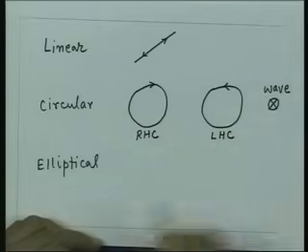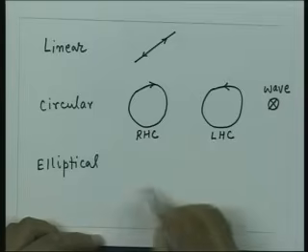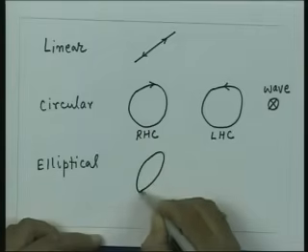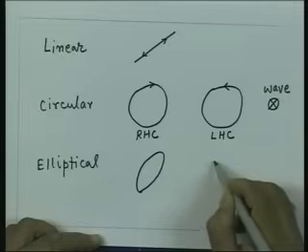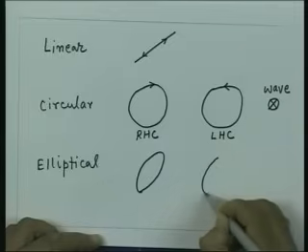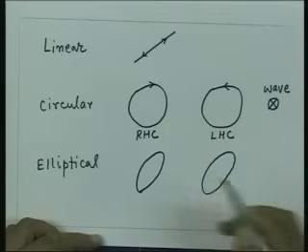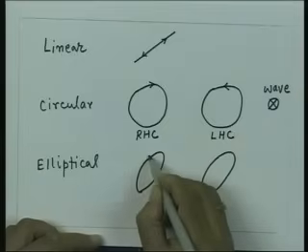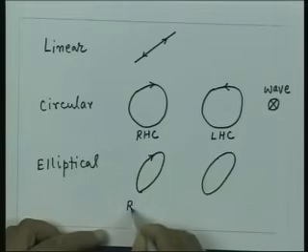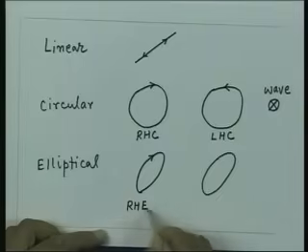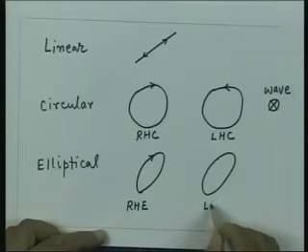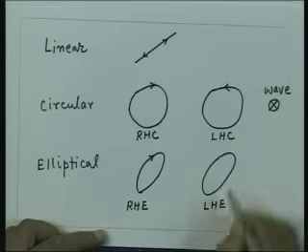circular polarization, and then we may have an ellipse which in general could be like that. Where again this will give me the right-handed elliptical polarization and left-handed elliptical polarization.